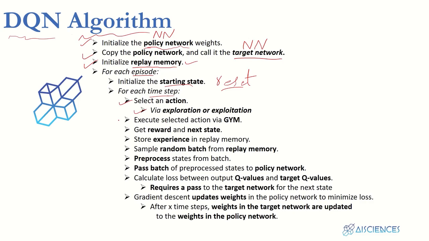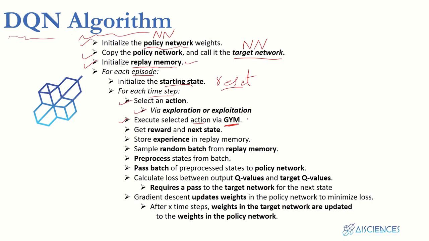Then we execute that selected action via gym, the gym environment. This is not a part of a general DQN algorithm, but this is a part of the algorithm that we'll be implementing in our course. So if we talk about a general implementation, somehow you execute the selected action in your environment.